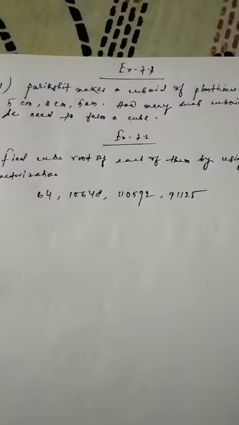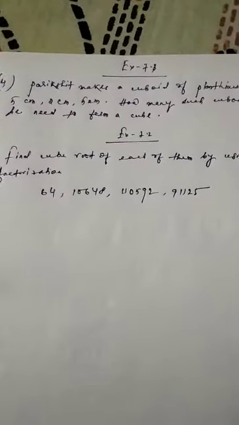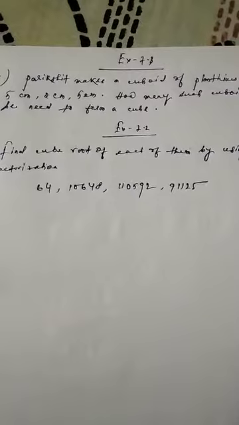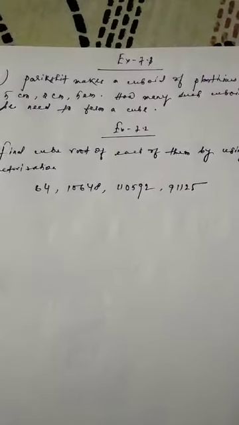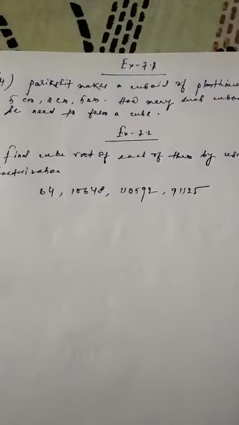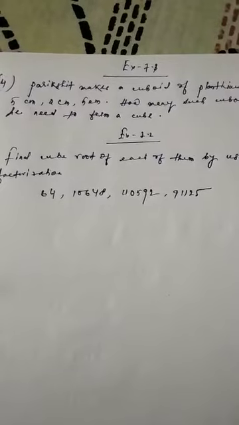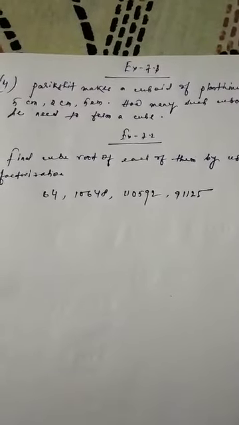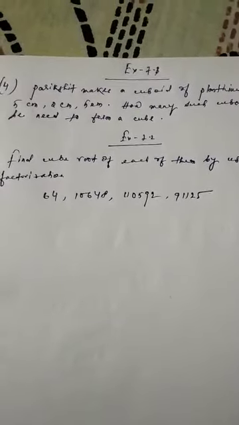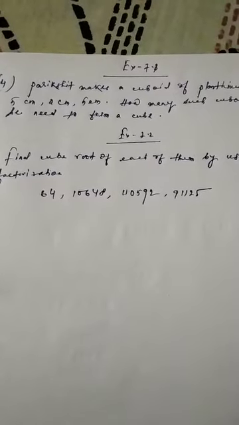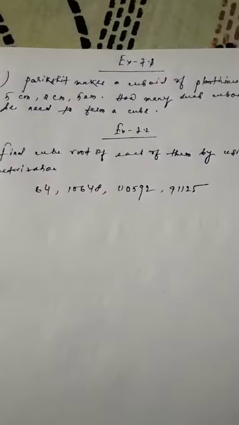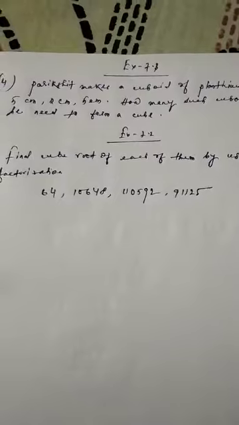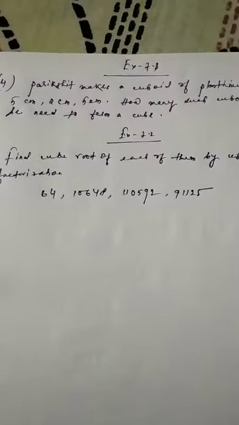Imagine, boys, let me explain it in another way. Suppose you have some matchboxes. Matchboxes are in the shape of a cuboid, and you want to make a cube using matchboxes. Now the question arises: how many matchboxes can you use in order to make a cube?